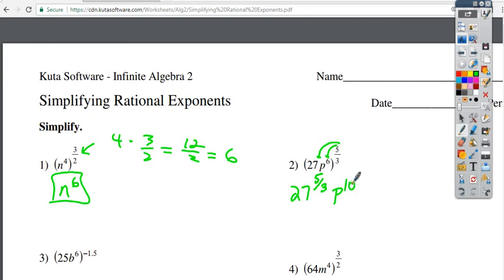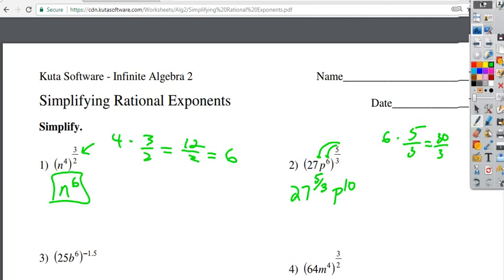All right? And you can see 6 times 5 over 3 equals 30 over 3, and that is 10. So that's where the 10 came from. That's all I want us to do on this right now, because it's not telling us to simplify into the form of a root. Just want us to simplify those exponents.